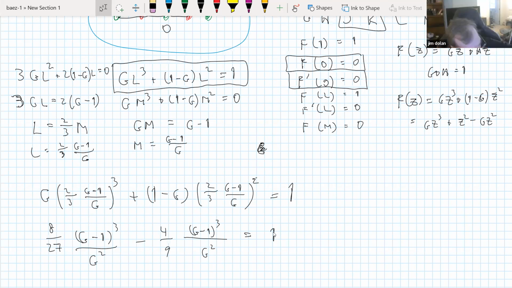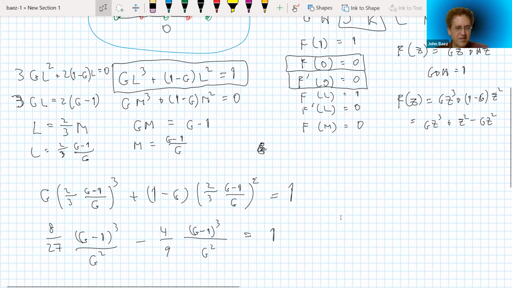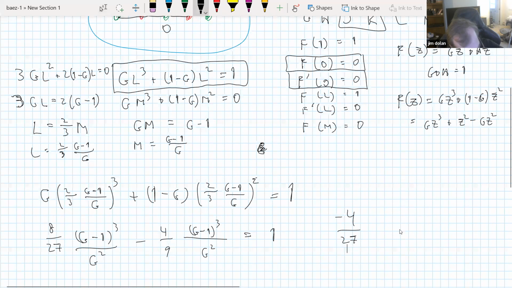So it sounds like you're saying negative 4/27. Let's see. Negative 4/27. Yep, that's right. Negative 4/27 times G minus 1 cubed over G squared equals 1.